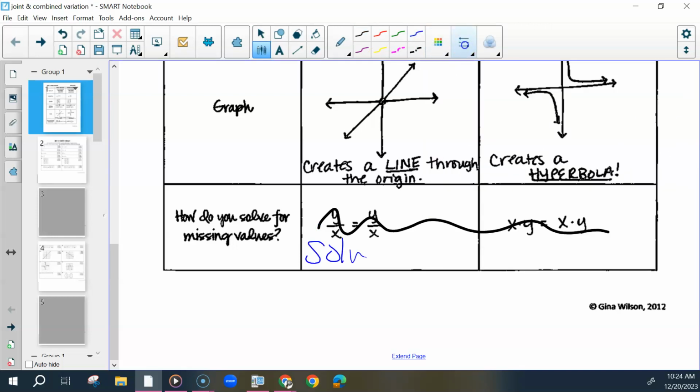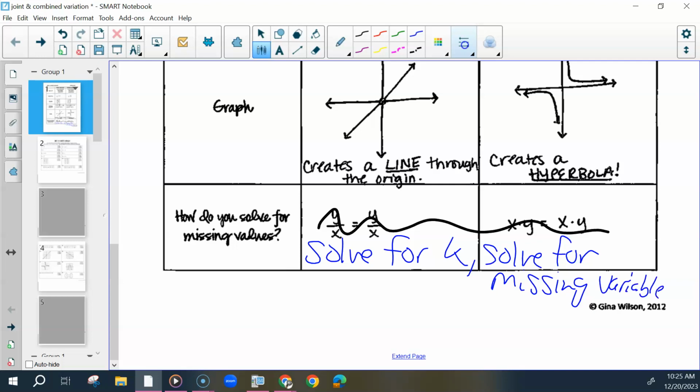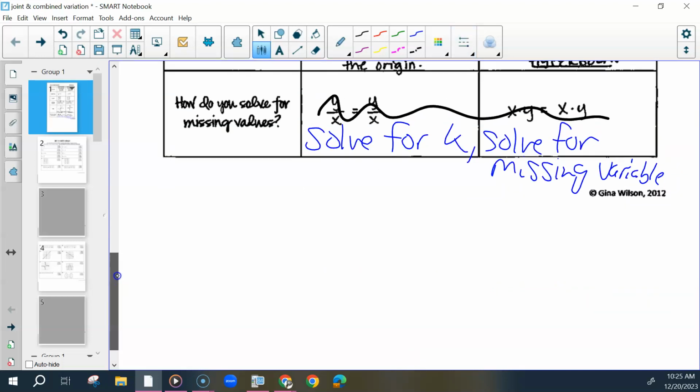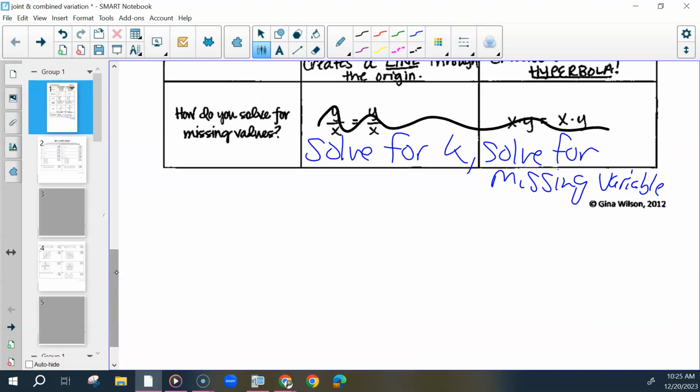Solve for k, and then solve for the missing variable is what that last one should say.